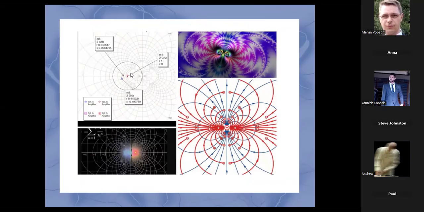So you have to imagine that when you plot this into the complex plane, then we have the same geometry, and also the electromagnetic dipole field, where you can see the similarity to the fractal we found.